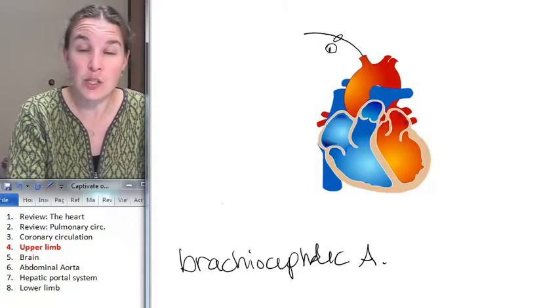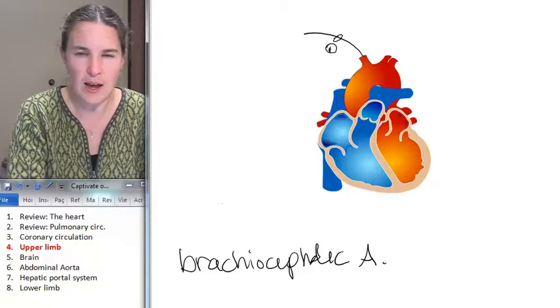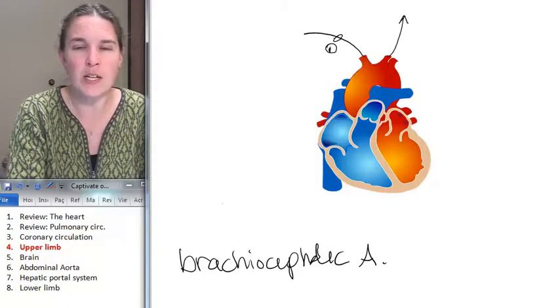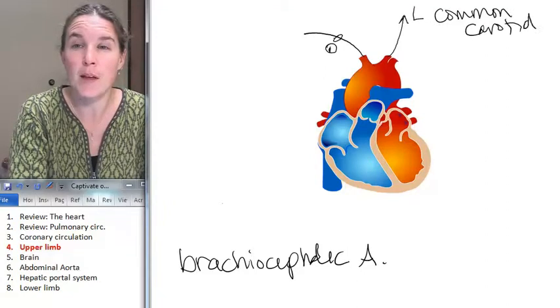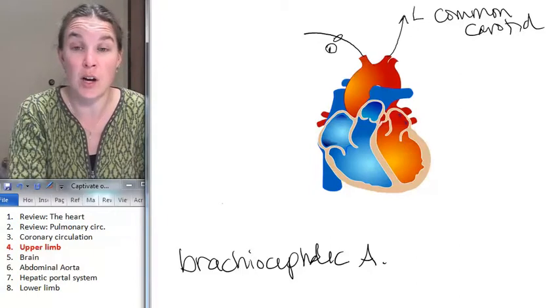Now, let's do our other 2 branches just so that you can have a visual. The next one that branches off is the left common carotid artery, and that's the middle branch off of our little arch here.